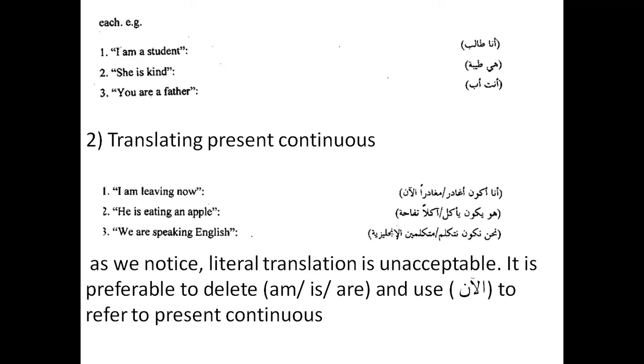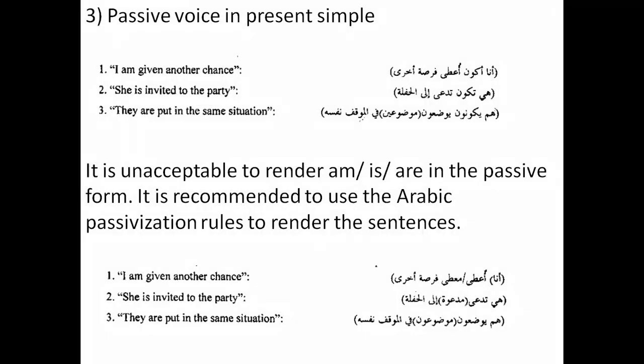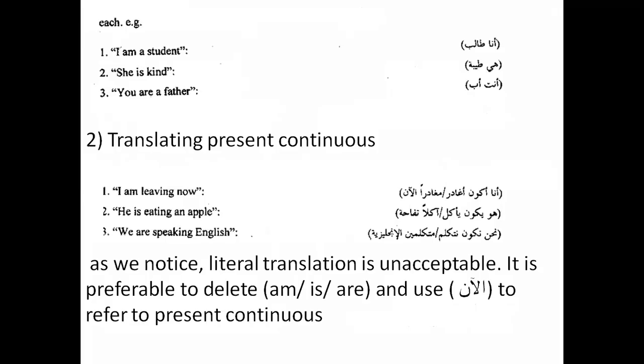So we say أنا أسافر الآن or أنا أغادر الآن. هو يأكل تفاحة الآن. نحن نتكلم الإنجليزية الآن. So using الآن is to denote present continuous, and the rendition of am, is, are is deleted. In this way we can deal with the translation of present continuous.